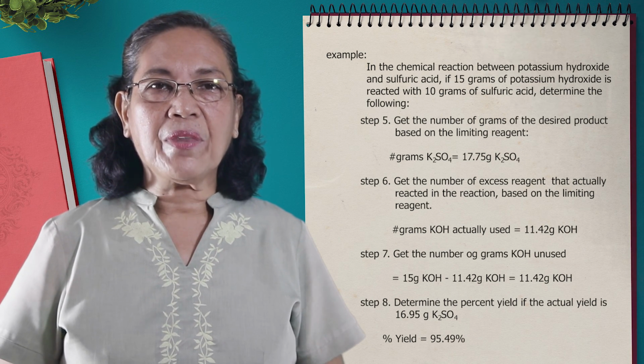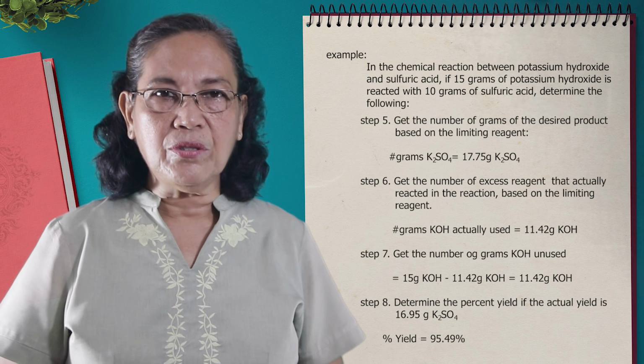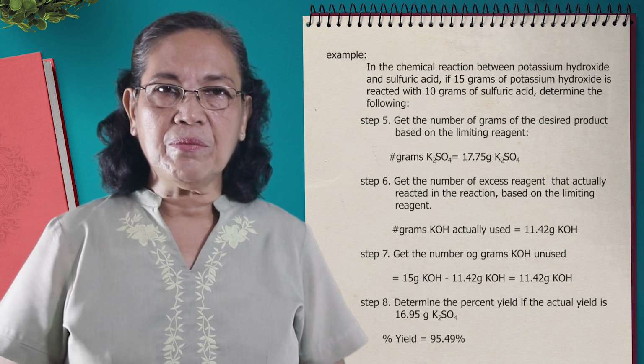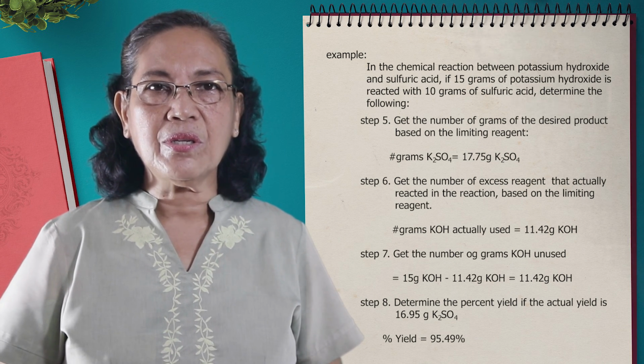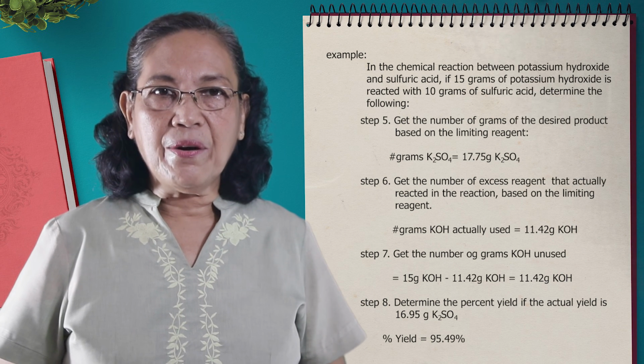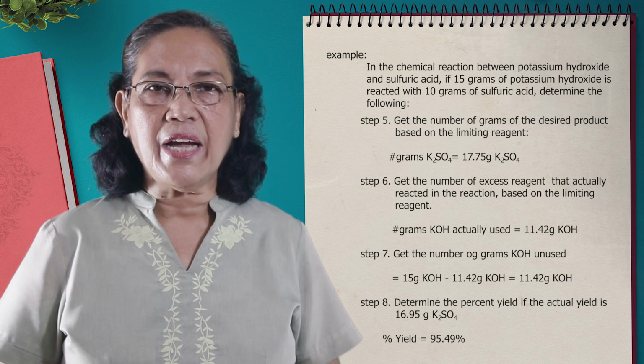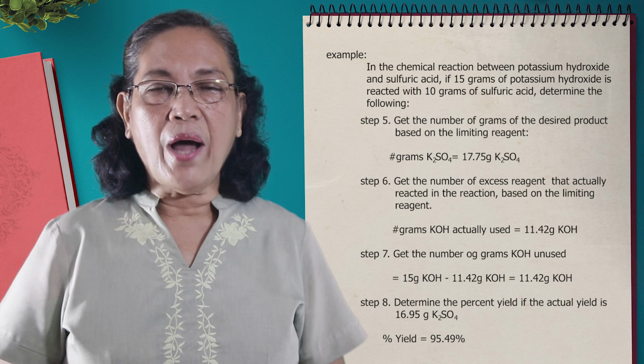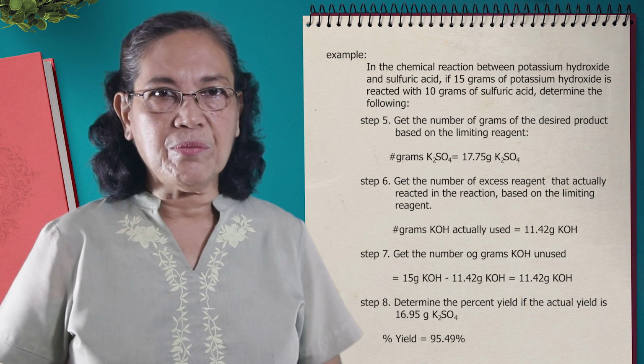So you have 0.102 moles of potassium sulfate times 112 grams of potassium hydroxide over 1 mole of potassium sulfate.